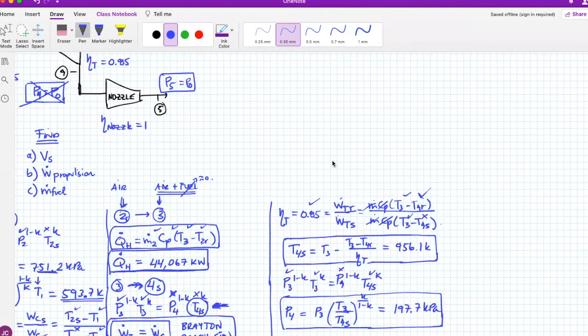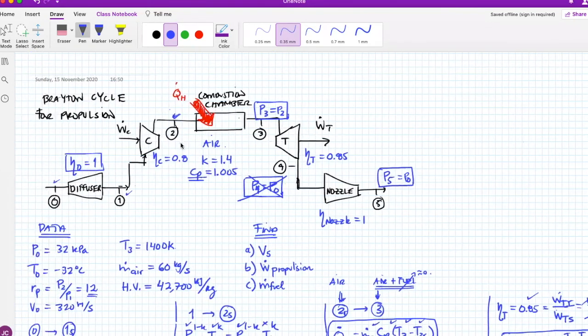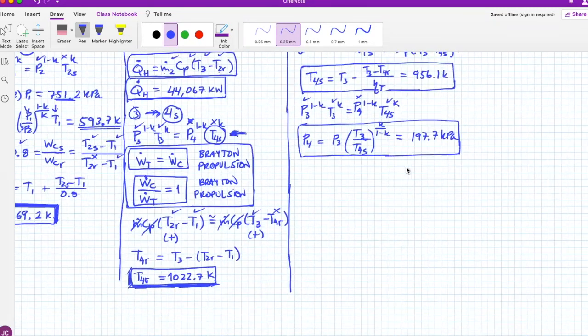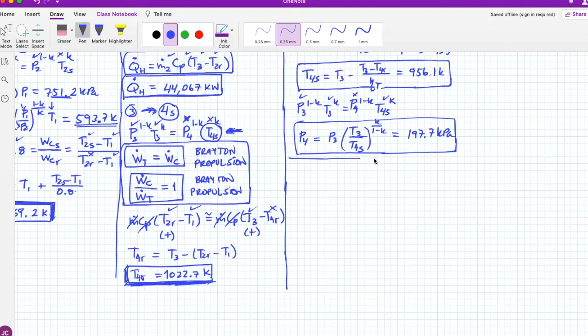Now, look at this. We have come a long way. So 0, 1, 2, 3, then 4. I think we have everything at 4. So let's go to 5, the nozzle.